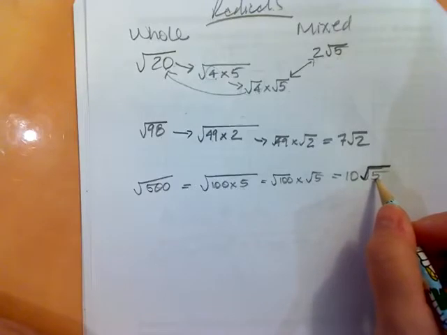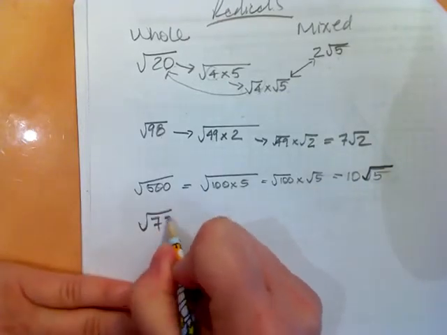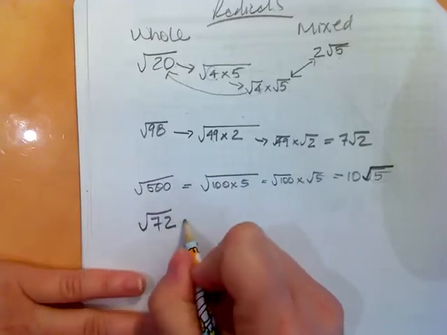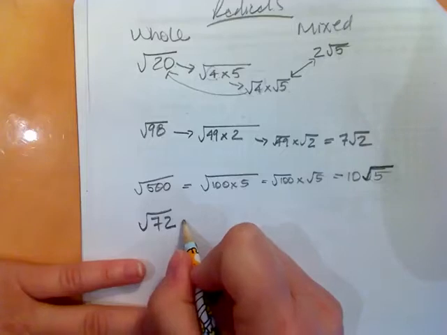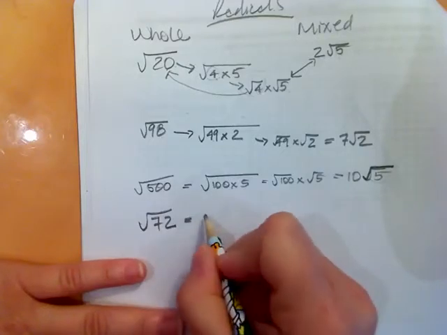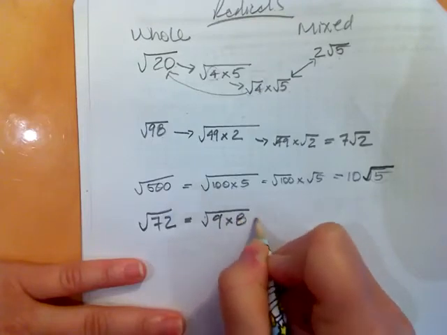So let's say we have 72, root 72. And let's say we think of this as 8 times 9. So that's the perfect square times 8.